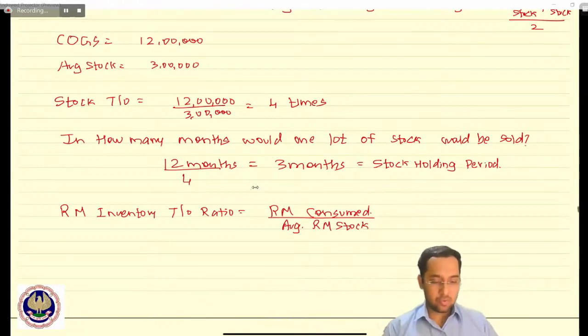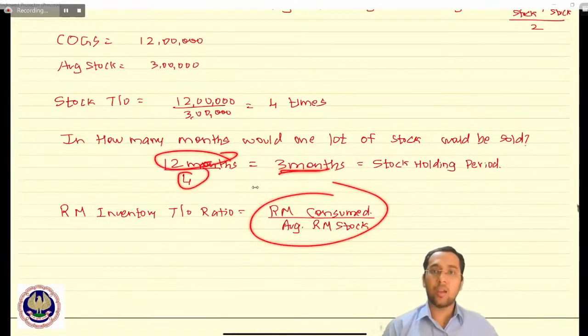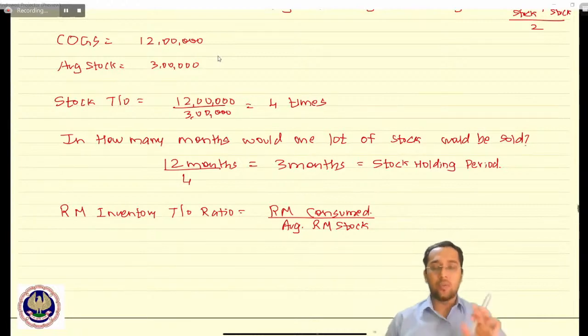We can also compute the same in terms of months, by doing the same thing: total months divided by 4. Okay, and that is our raw material or raw material inventory or stock turnover ratio.